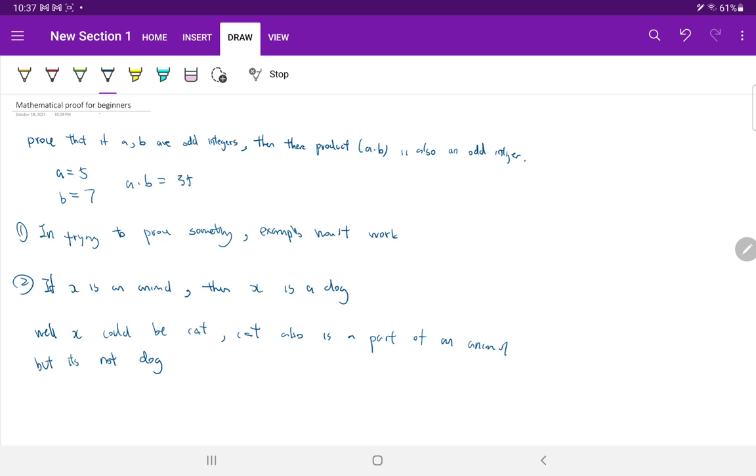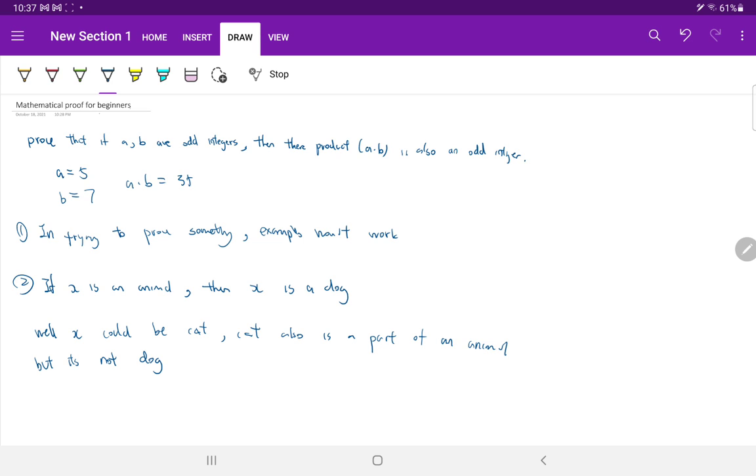A cat is an animal, but it's not a dog. So remember, in trying to prove something right, examples usually don't work. But to prove something wrong, you can just give one counterexample, because all it takes is one counterexample for the statement to be untrue. So just keep that in mind.